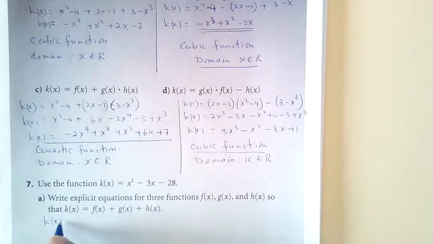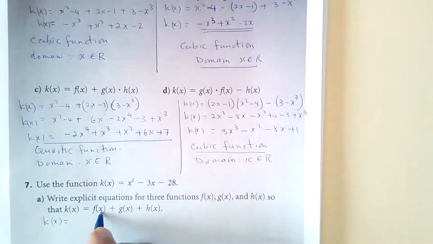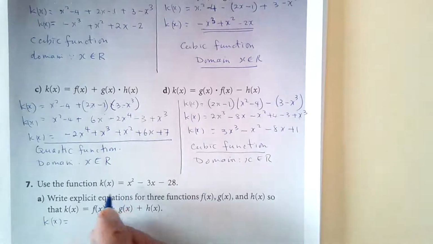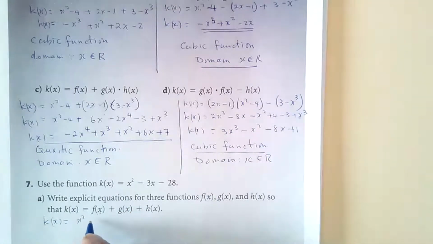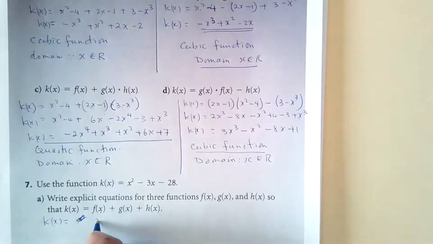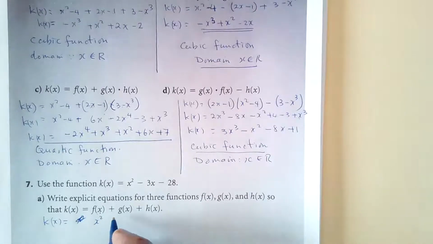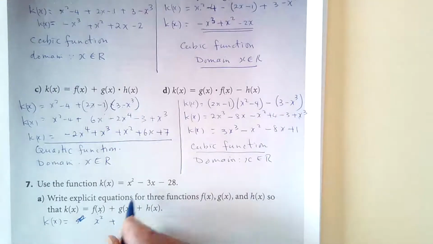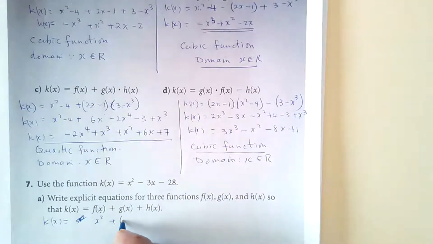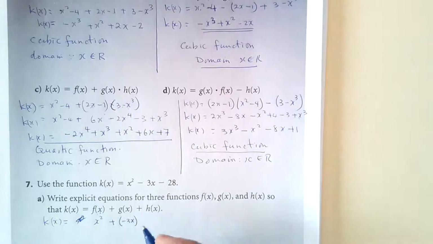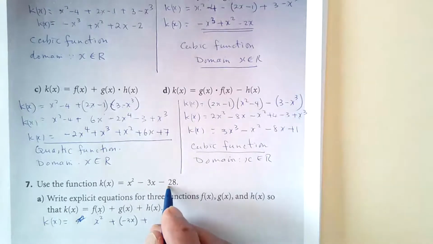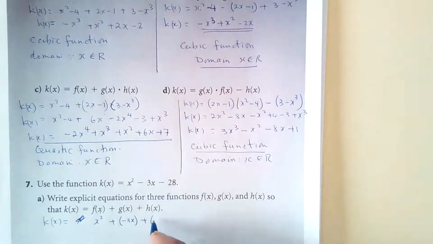So we have f of x, k of x. So here, if we make f of x as x squared, which I'll write right under here. Now, we need to add, we put in brackets, negative 3x. And here we need to add, now this would be negative 28.